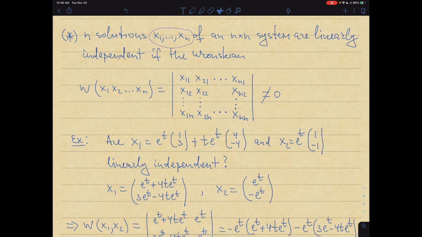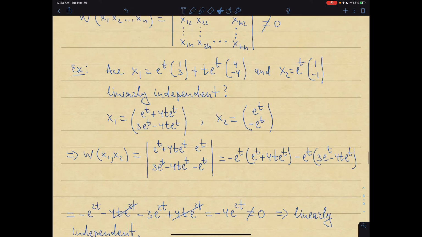If I have n vectors, I have n columns, they're all in Rn, so they also have n components. So I get a determinant which has n rows and n columns, and the functions x1 through xn, or n solutions of your system of equations, are going to be linearly independent if the Wronskian is not equal to 0.